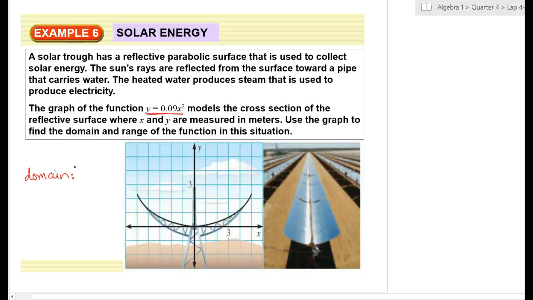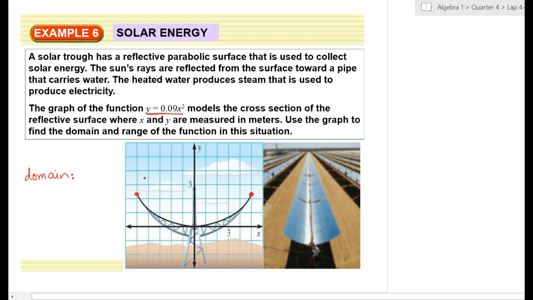It's an actual half of a pipe. If I look at any pipe, does it continue on forever? No. But looking at my graph, here are the end points.